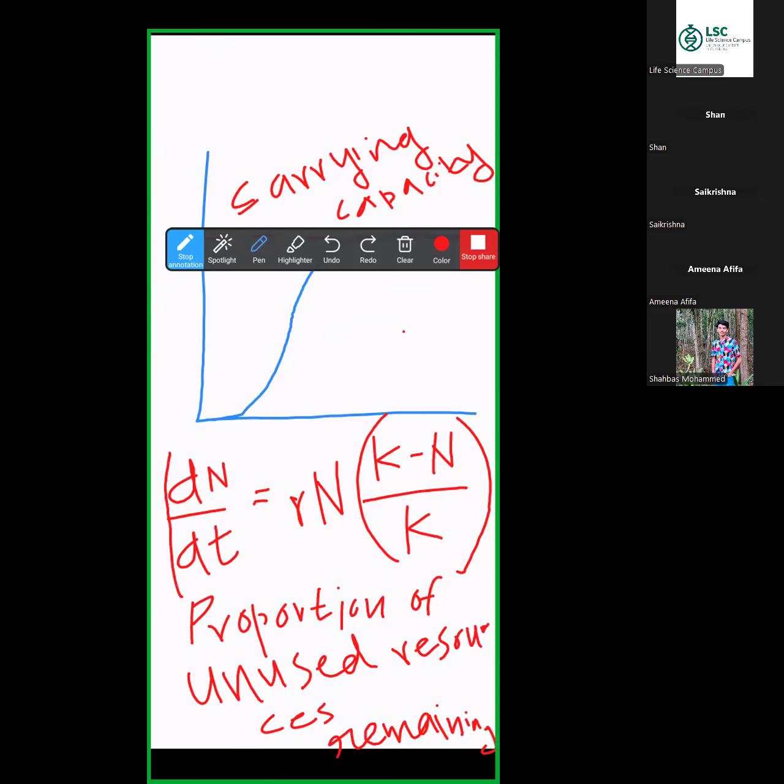So remember this equation, delta N by delta t is equal to RN into (K minus N) by K.